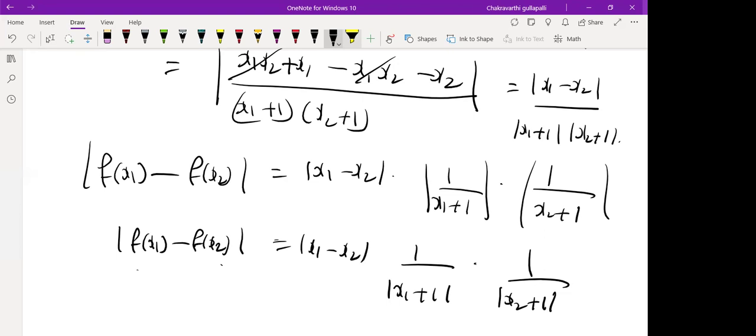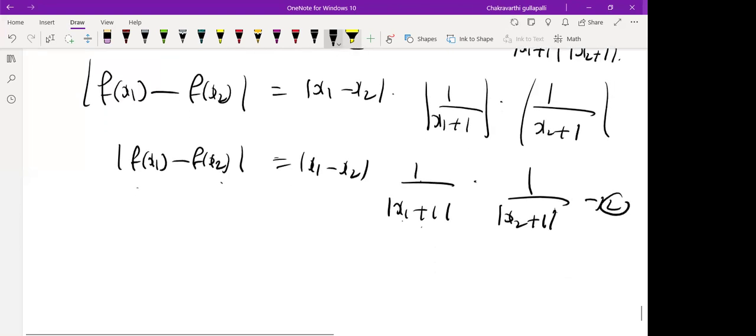This part should be constant, then only we can proceed. But here we have x1 and x2, so we have to find a bound for this. It should be constant because our delta should be independent of x1 and x2. x1, x2 should not come in our delta.